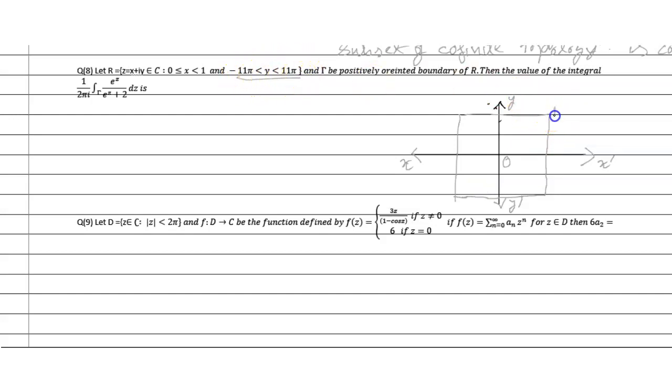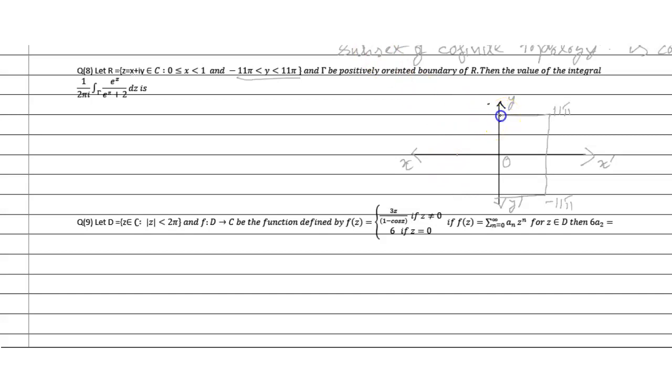So this portion is the region. The region is 11 pi to minus 11 pi, and the x region is 0 to 1. According to the diagram, this portion is removed. This portion is not correct, this portion is correct.